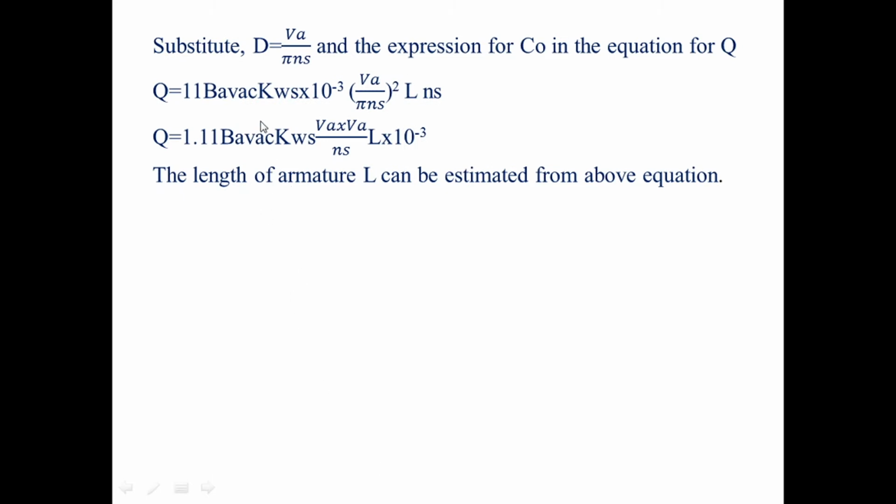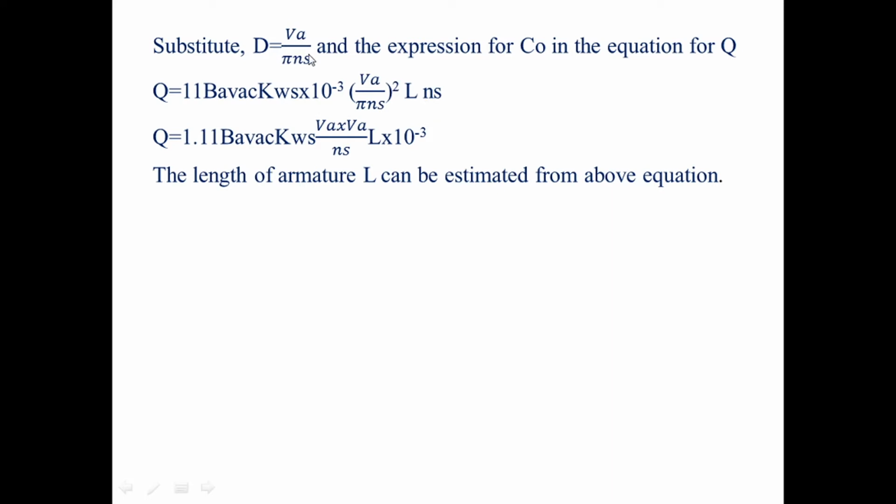If you substitute the value of D as Va divided by pi into Ns, and the expression for C naught, in the equation for Q, it becomes Q is equal to 11 into BAV into AC into kWs into 10 to the power minus 3, into D square L Ns.